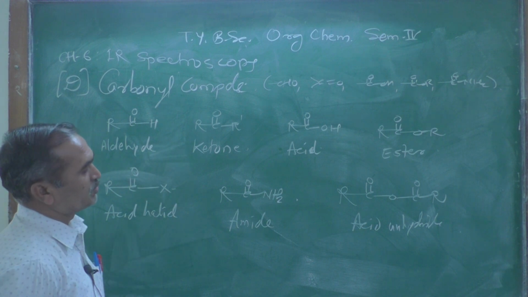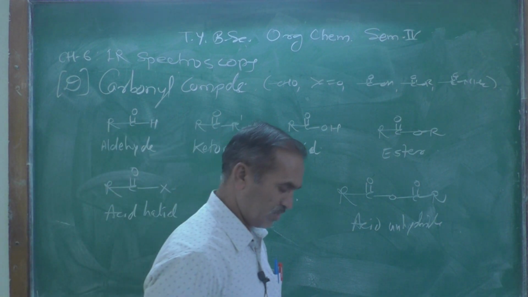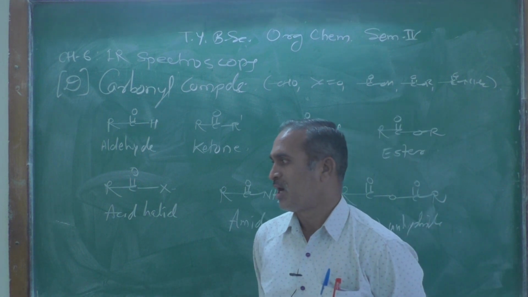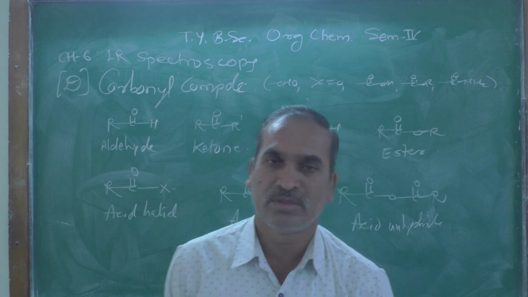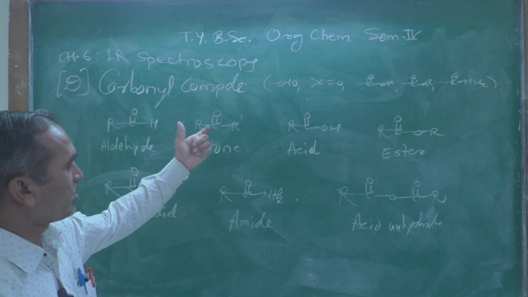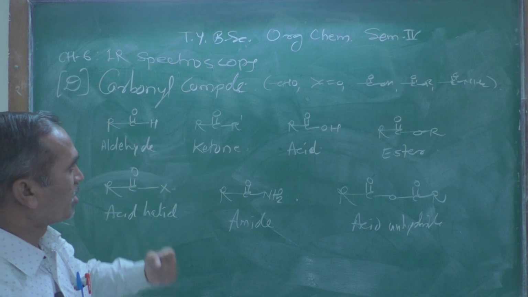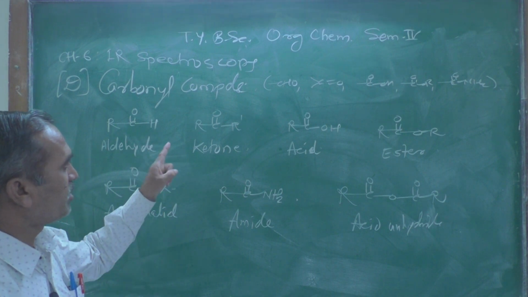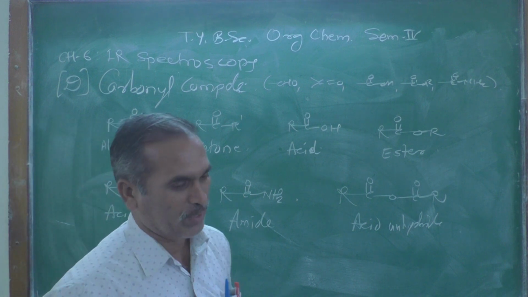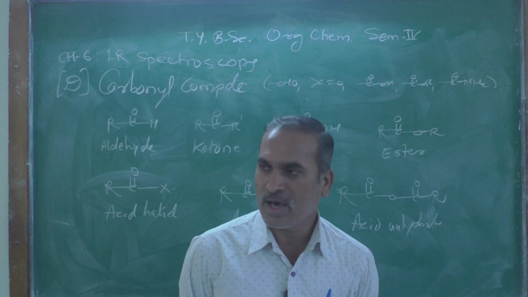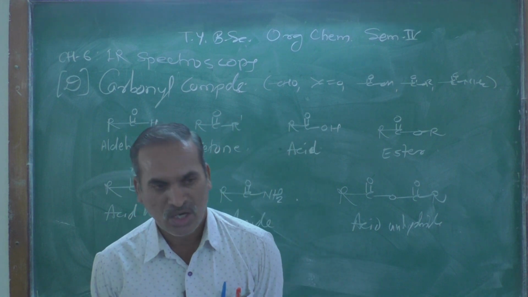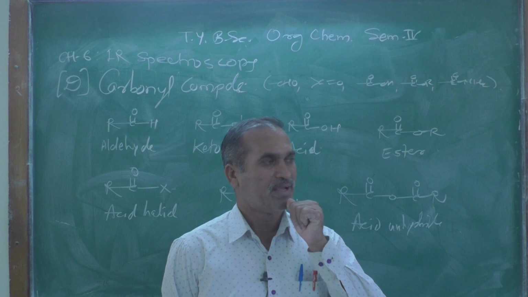If you move on to the next one, the structure is written RC double bond O R dash. The organic compound having the general formula RC double bond O R dash is known as a ketone, where R and R dash may be alkyl or aromatic groups.